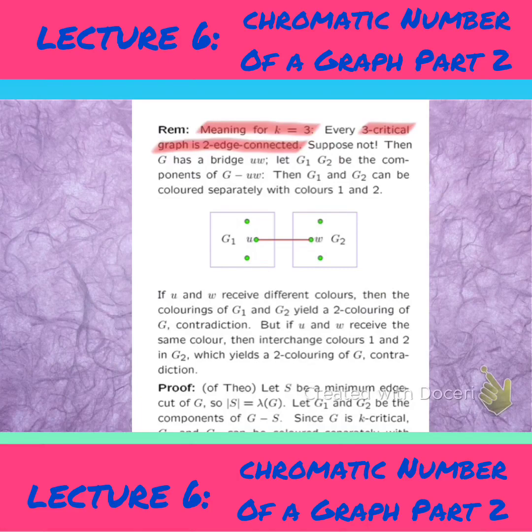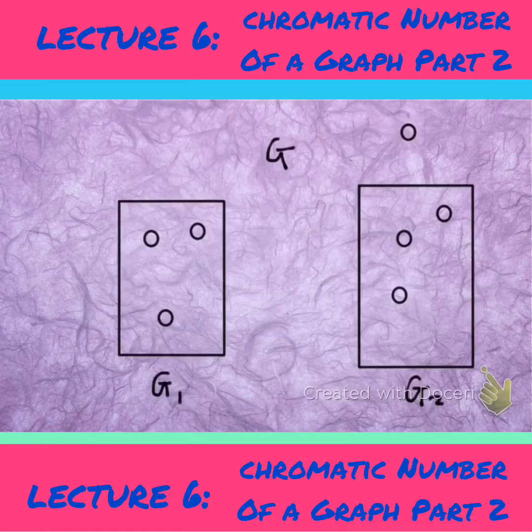Now you can easily prove that. Let's say it's not the case. We're given that the chromatic number of G is 3, and G is 3-critical, and let's suppose that it is not 2-edge connected.